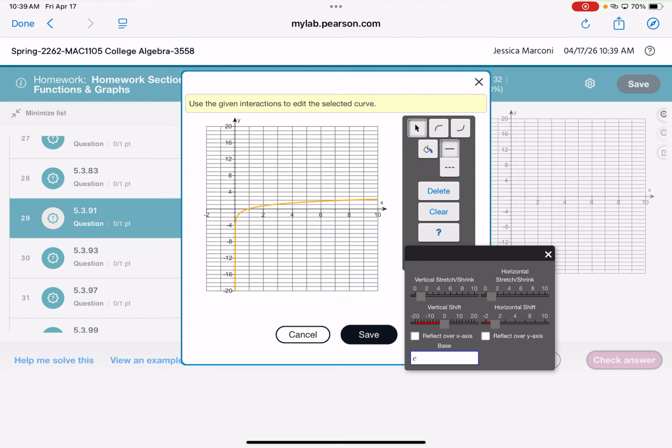But the negative in front of that ln of x was a reflection over the x-axis, so I'm going to click on that. And then it's a vertical shift up 6 units. It's not showing me that.